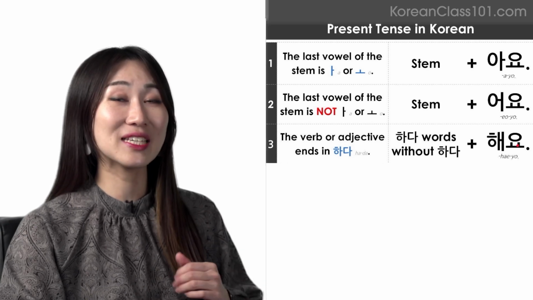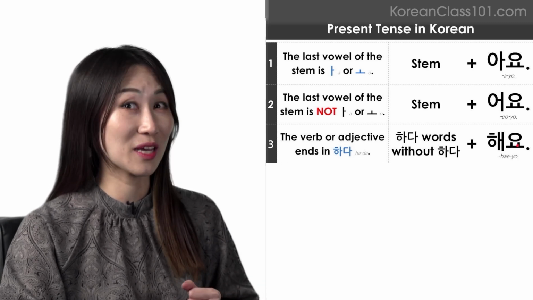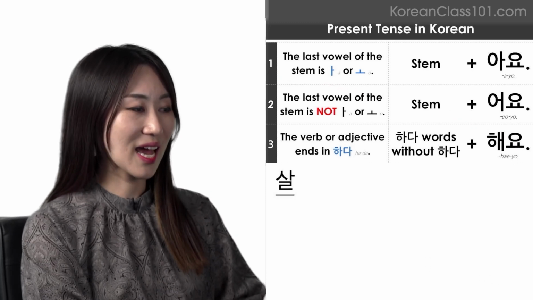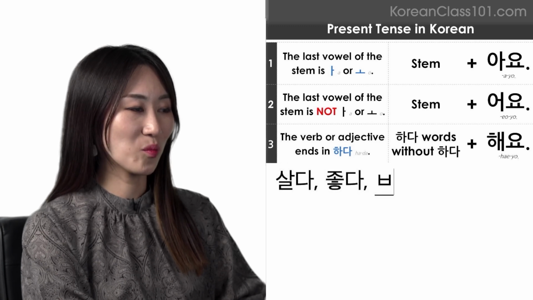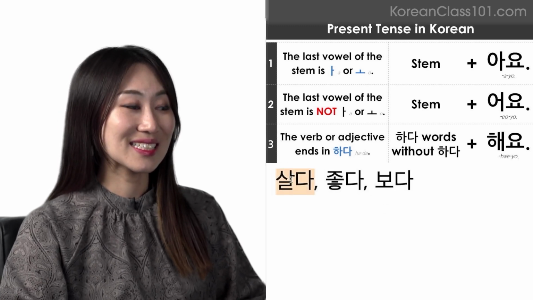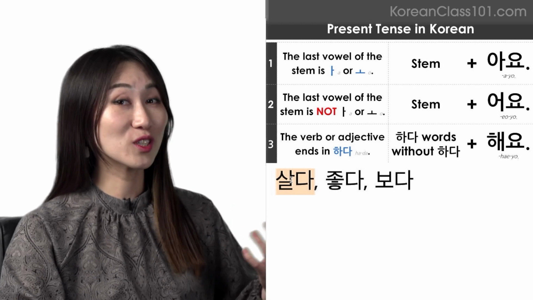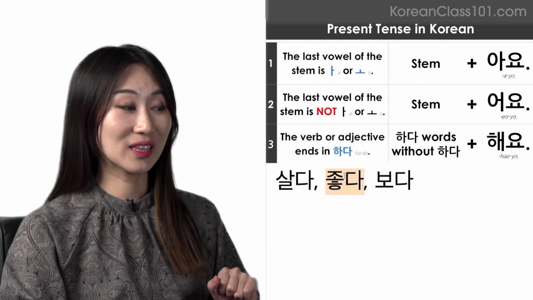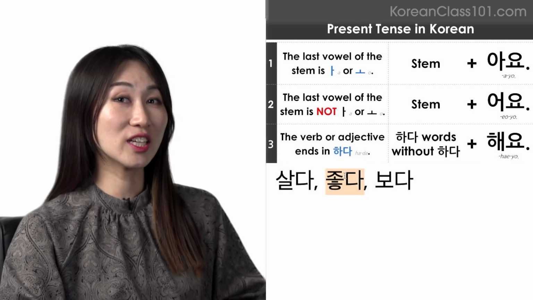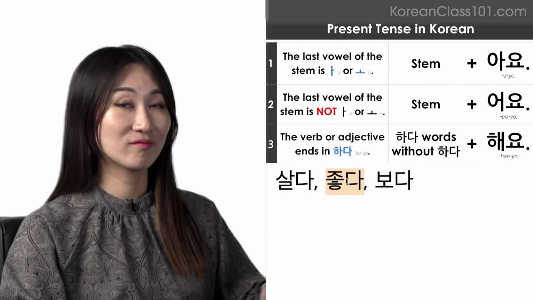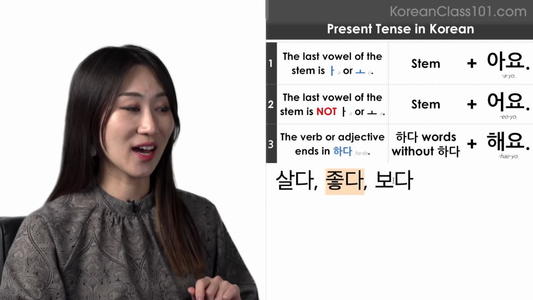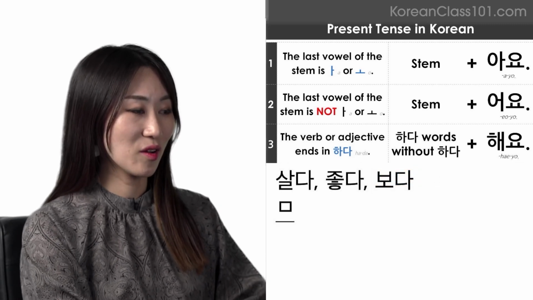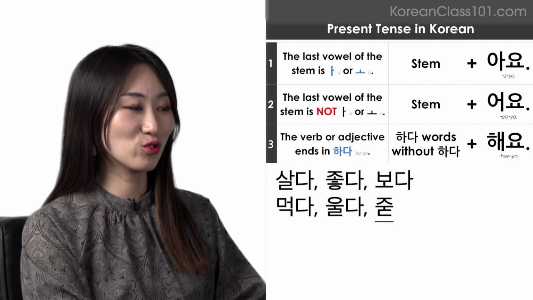So I prepared some example verbs and adjectives so we can practice together. So here we go. 살다, 좋다, 보다. 살다, to live in Korea, to live in the States. 좋다, to be good. So the quality is good or good idea. 보다, to look, to watch. And 먹다, 울다, 주다.